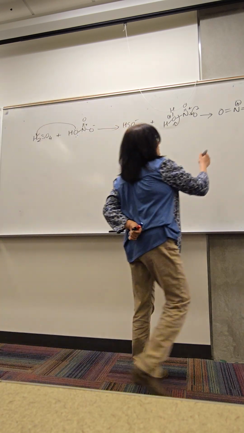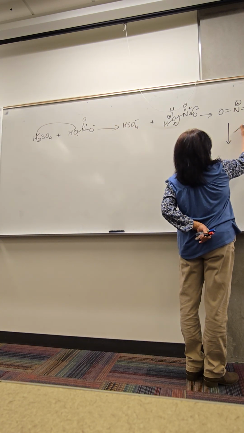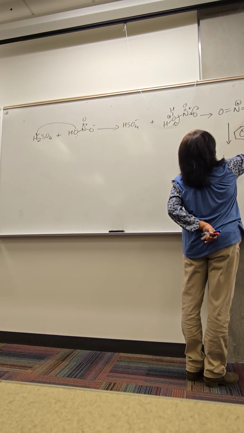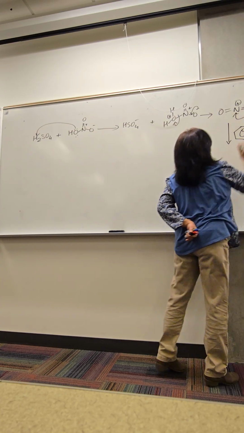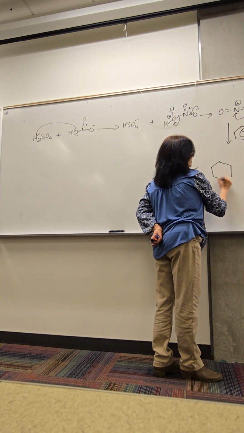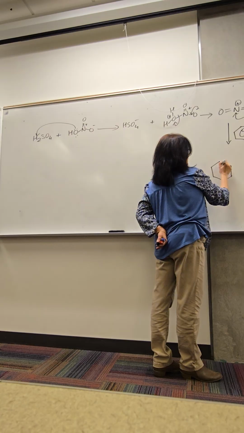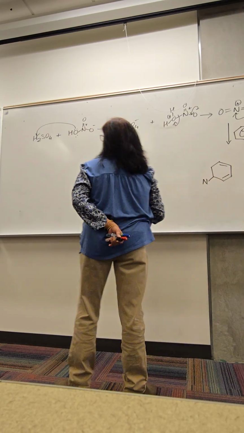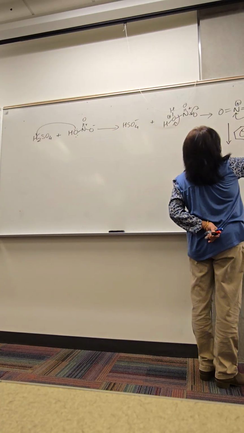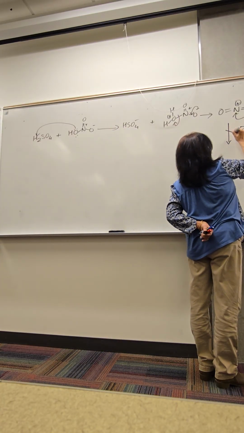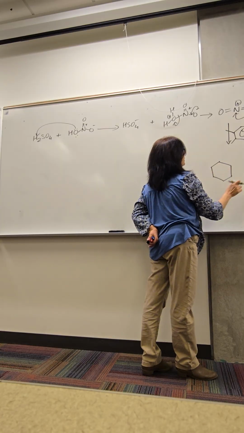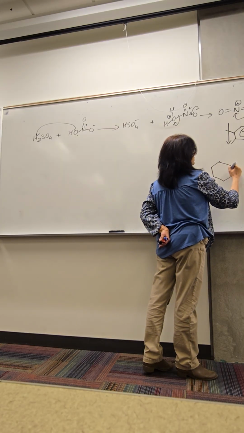Once the electrophile is created, now benzene can come in and attack the electrophile. Oh, shoot, we are doing tetramethyl. Sorry. There we go. Okay, so then that can't go there. So, there.